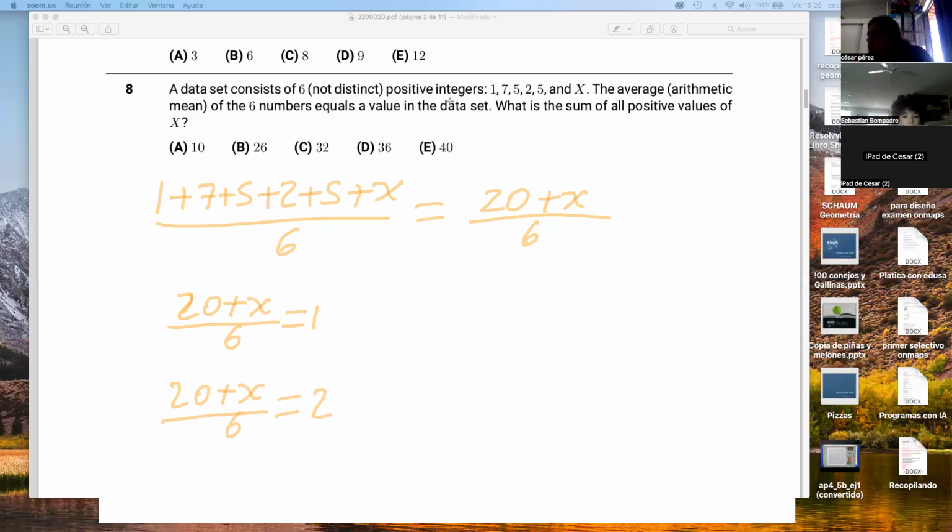But we need that the average of 6 positive numbers. We need that the numbers will be positive. So if one equation gives a negative number for x, we are going to discard this one. ¿Ok? ¿Sí entiendes la idea? Okay. Vamos a tener que resolver varias ecuaciones.